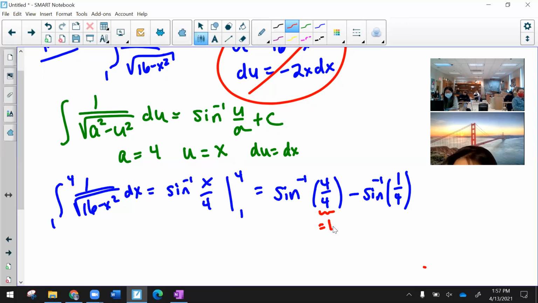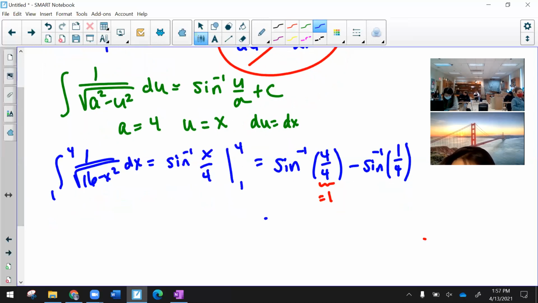What does inverse sine mean? Yes. So for my first term, I want the angle whose sine is 1, and I probably want the smallest angle that'll be that. So what is the smallest angle whose sine is equal to 1? Pi over 2, because we do everything in radians in calculus.